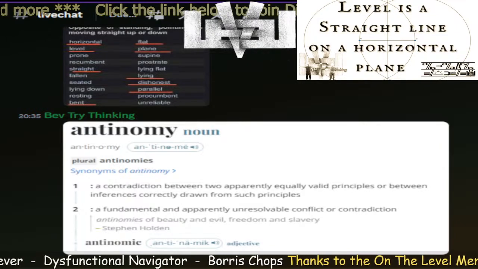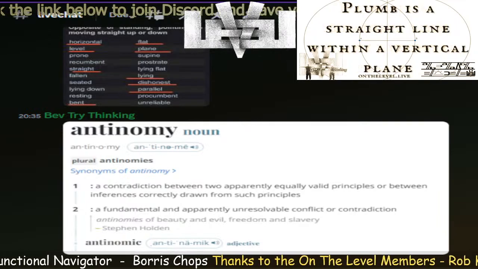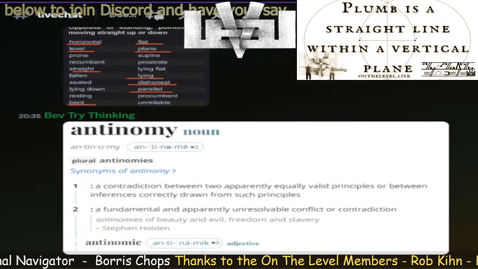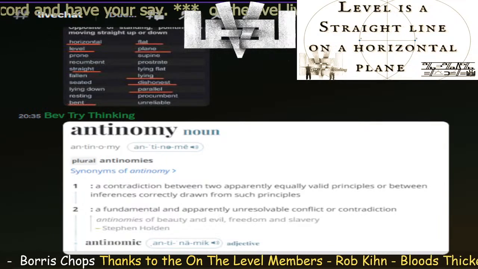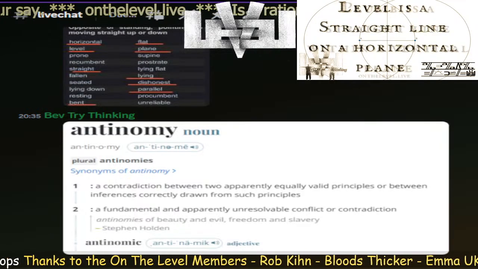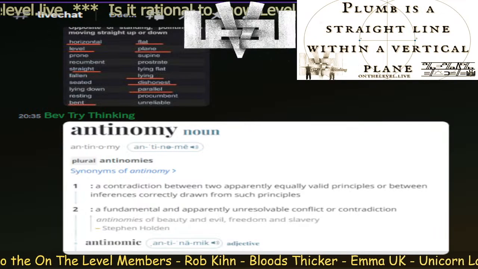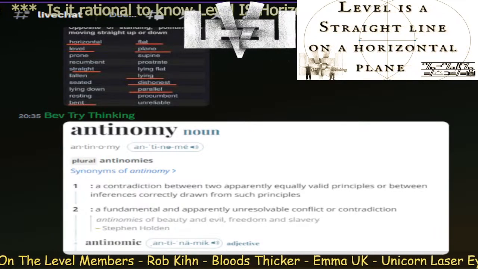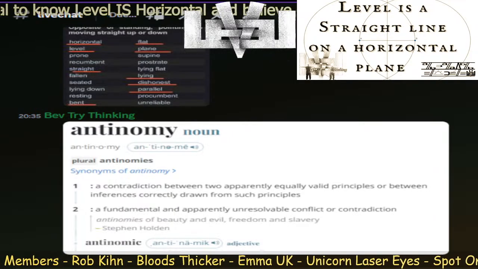So it says an antinomy is a contradiction between two apparently equally valid principles, or between inferences correctly drawn from such principles. Or a fundamental and apparently unresolvable conflict or contradiction.